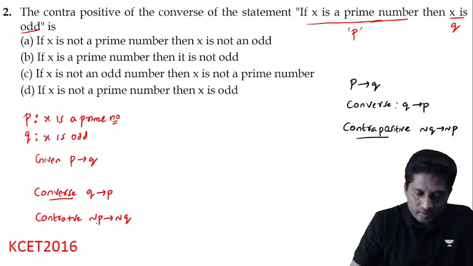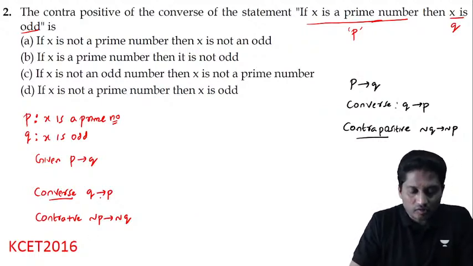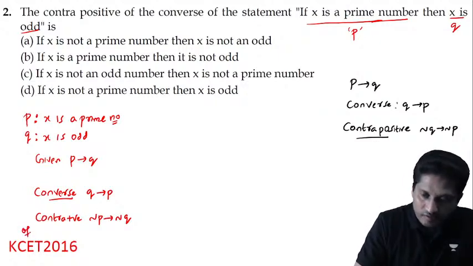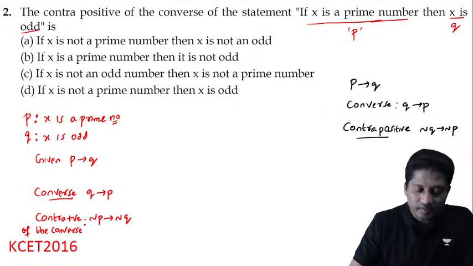Contrapositive of the converse will be negation p implies negation q.